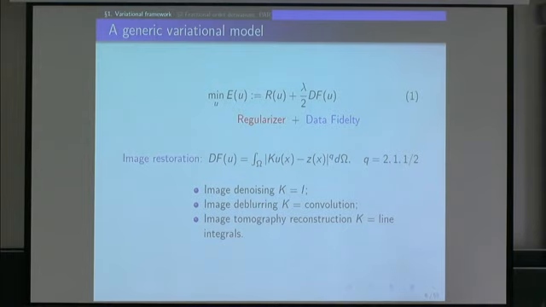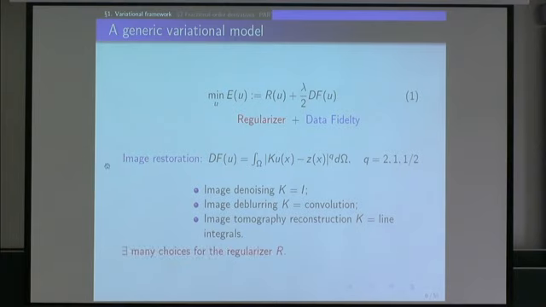For the data fidelity, the two norm is very commonly used, and then you could use the one norm depending on the applications, or fractional half norms if you want sparsity. This is used in the context of denoising, which I mainly talk about here, and can be used in deep learning problems, convolution, and tomography, where you replace the K by a line integral.